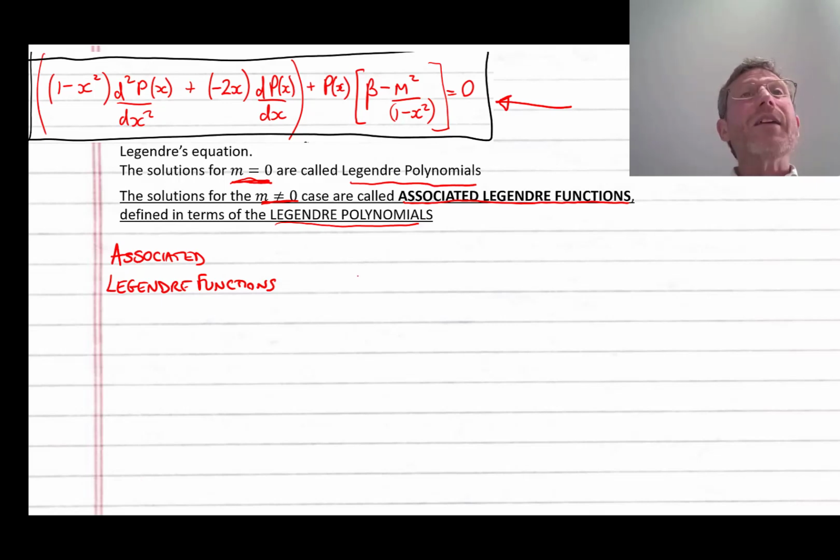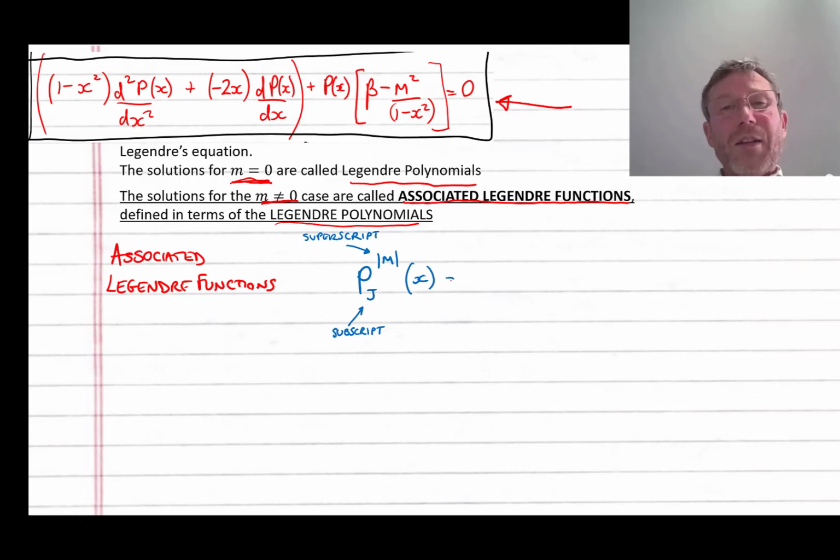Let's write down this equation. We will write it as P subscript j, and m as a superscript, so this is not an exponent. This is a function of x, and this is the associated Legendre function.